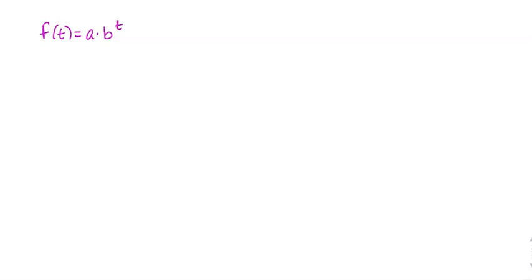Because the half-life is 1,590 years, it must be true that f of 1,590 will be equal to 1/2 of a, half of whatever we started with.